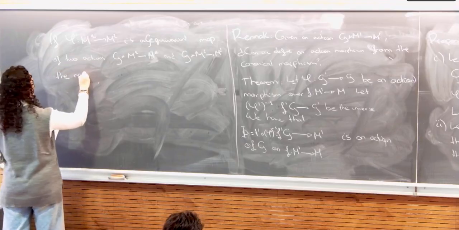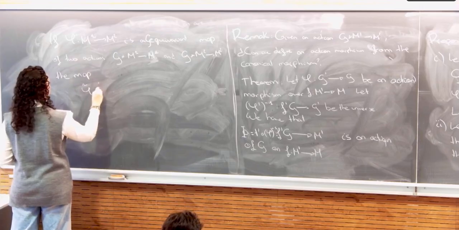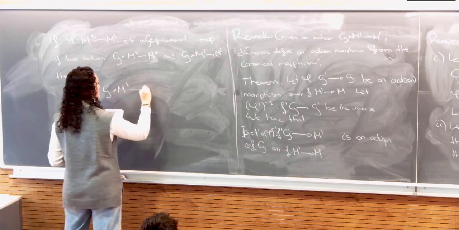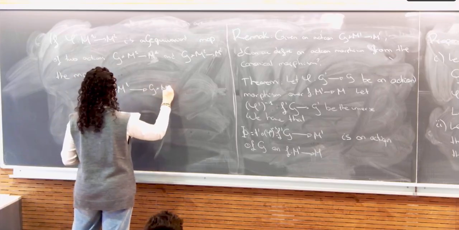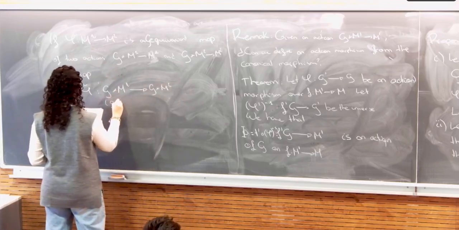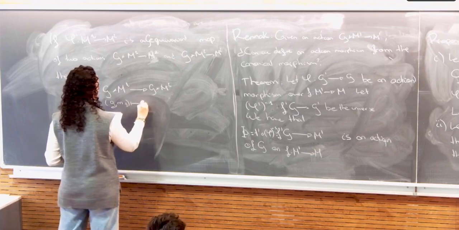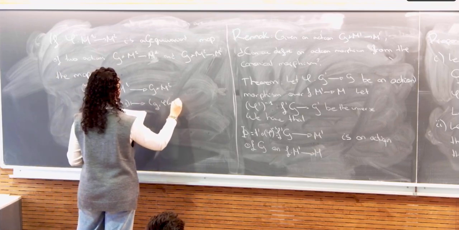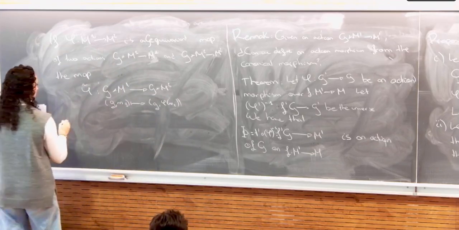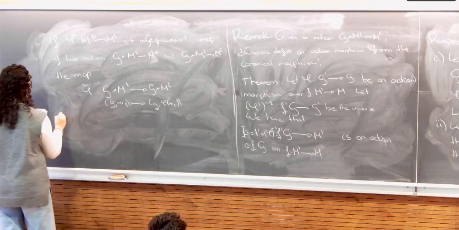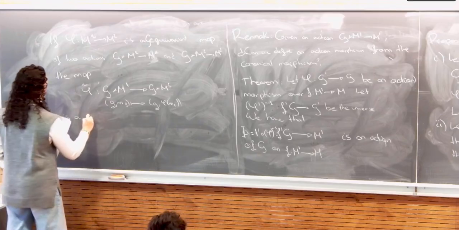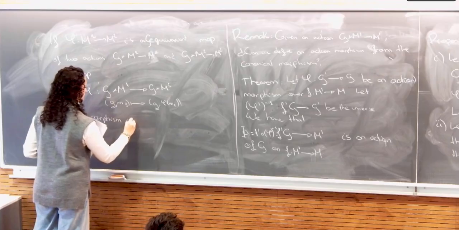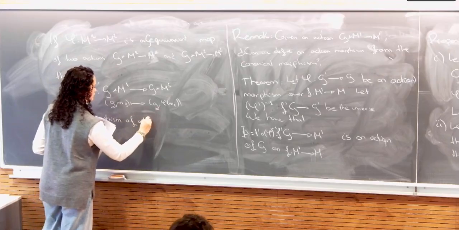So we can define this map, which is a morphism of actions.